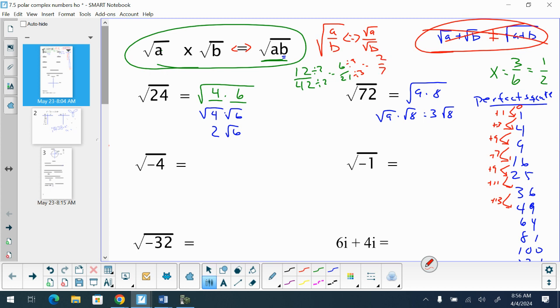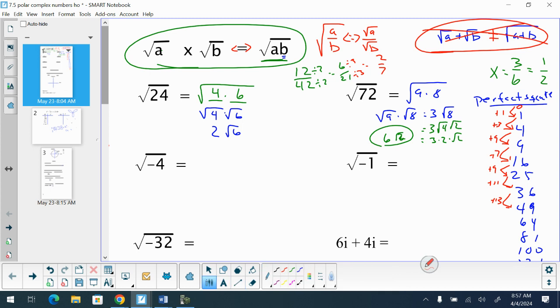Well, when I go down to 9 and 8, I get 3 times the square root of 8. But square root of 8, I still have a perfect square factor of what, Jacob? Okay, so we have 3 times square root of 4, square root of 2. So we have 3 times 2, square root of 2, or 6 square root of 2.